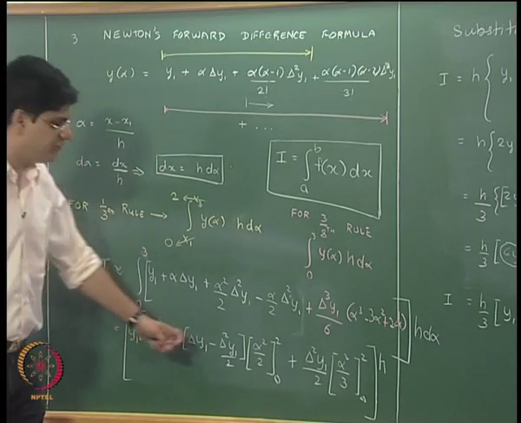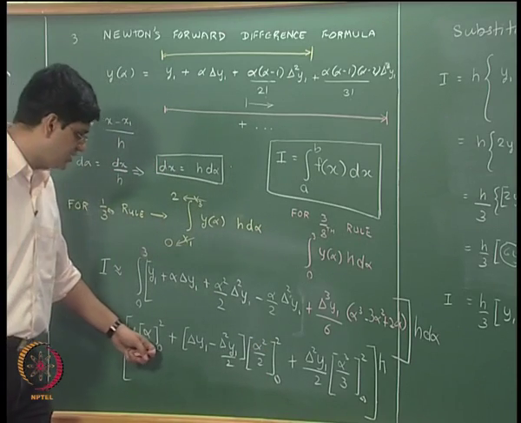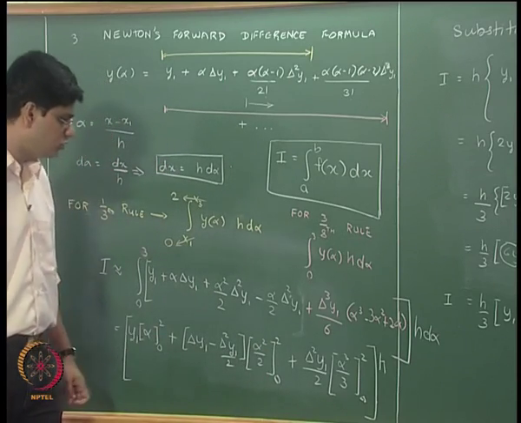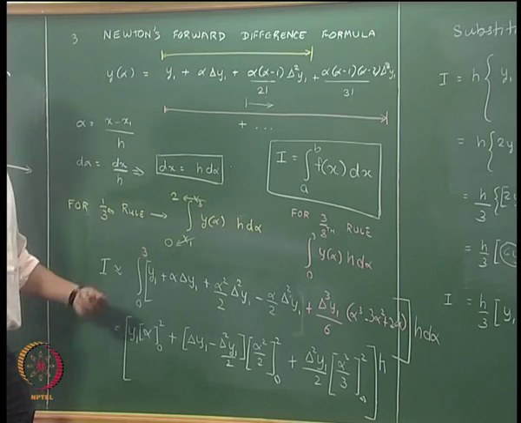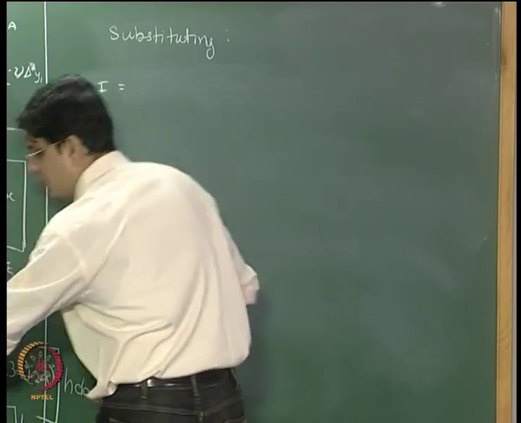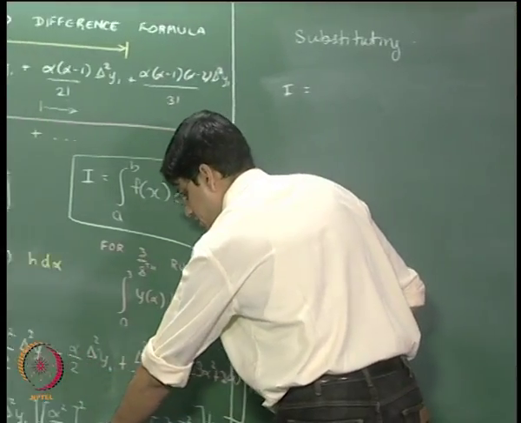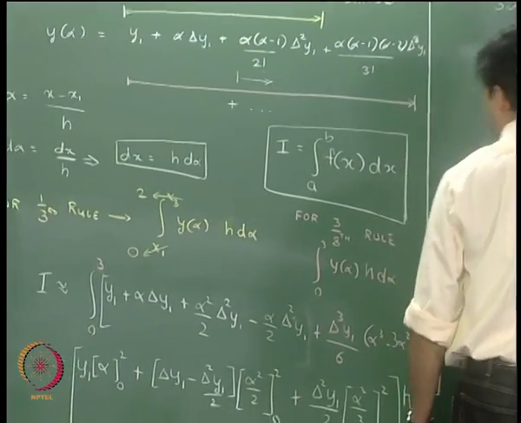So we will have this additional term over here, and all the limits of integral are going to be not from 0 to 2, but instead they are going to be from 0 to 3, okay. So I, as before, will use all of these terms as before, only thing is that the integral is going from 0 to 3 instead of 0 to 2.